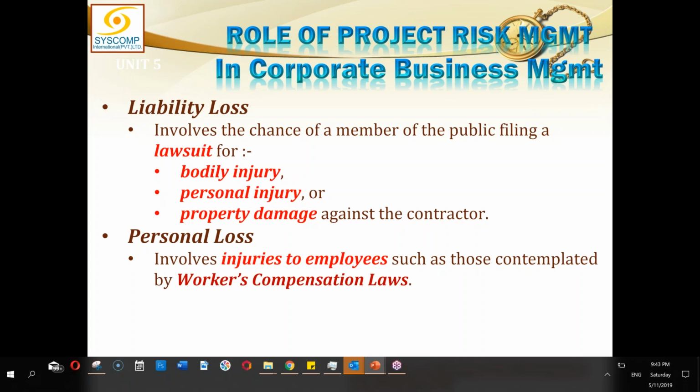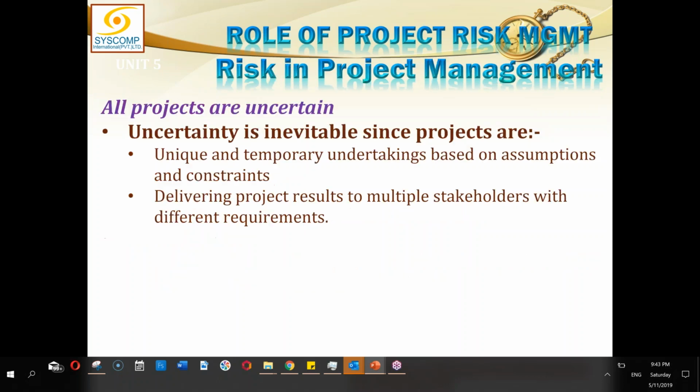Maybe you are doing a construction job, and there is some wall which has collapsed, and some employees have been harmed by that. That is a personal loss. For all kinds of losses which are occurring to you, you are probably going to have some solution. You will guard against each one of these uncertainties.